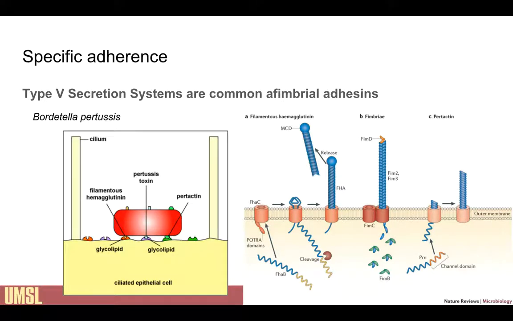Both of these bind to a couple of different host cell surface receptors. So it makes fimbriae to establish initial interactions, and then uses these type 5 secretion systems to mediate very specific, high-energy interactions with host cells. Essentially it locks these bacteria onto very specific cell types, in the case of Bordetella, ciliated epithelial cells.